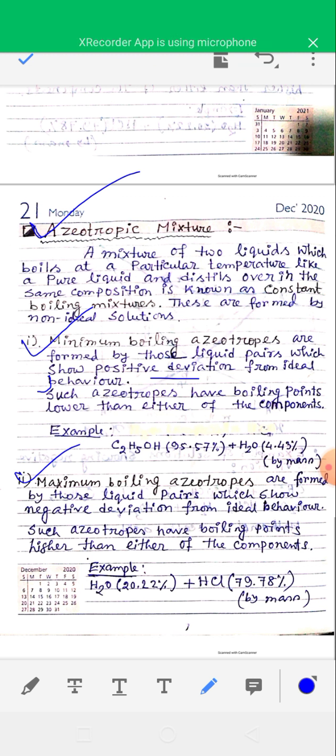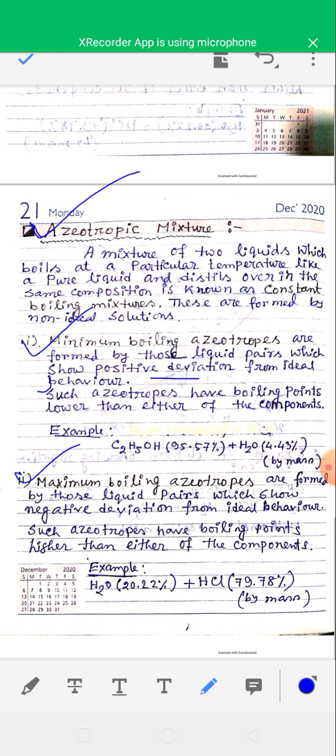For example, a mixture of ethanol and water, 95.57% ethanol and 4.43% water. This mixture acts as a minimum boiling azeotropic mixture.